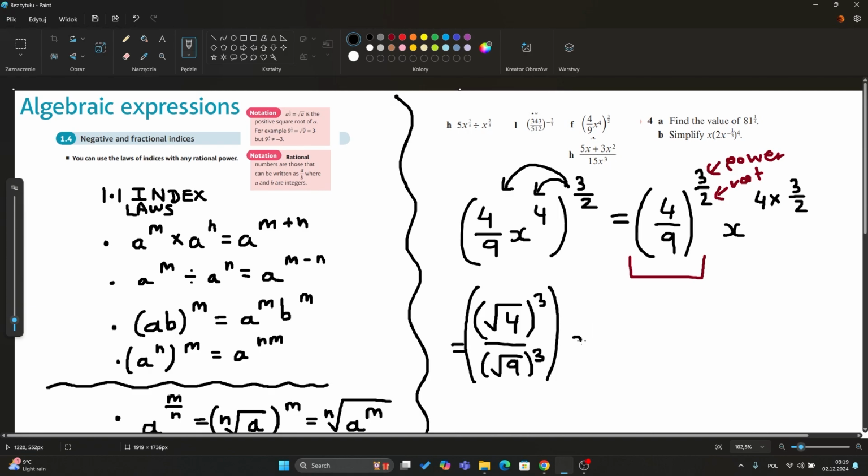And now this is going to be times x to the 12/2, which is 6, and we're dealing with this here. This is 2 cubed, which is 8, and 3 cubed, which is 27, and this is the following answer.